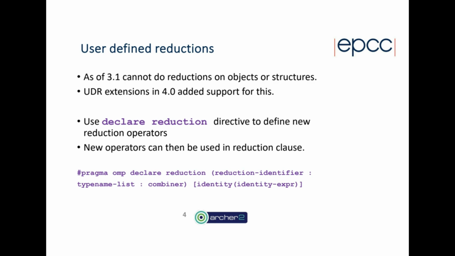As long as it knows how to combine two things, it can combine arbitrarily many in an iterative or recursive fashion. Then optionally, you can also specify how to create the identity elements, so how to initialize the private copies of the types that are going to be created at the start of the construct.